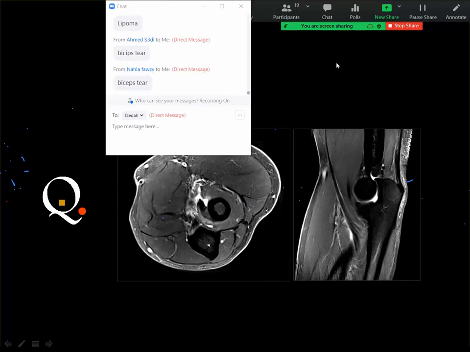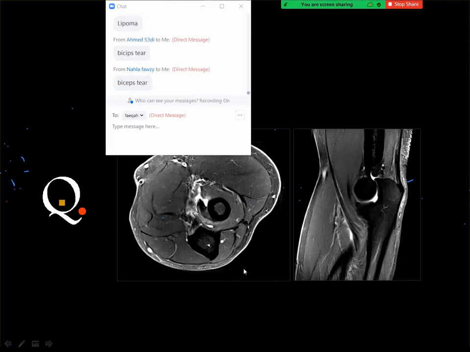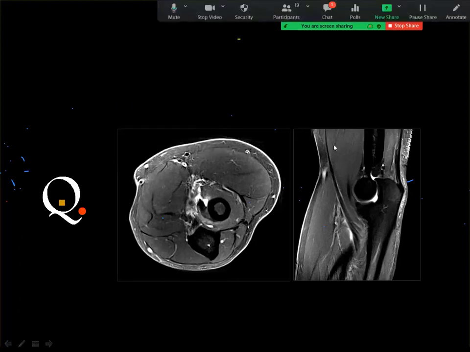Biceps tear, biceps tear. The biceps tendon reaches its insertion. It looks intact, and this is the right answer, which is the biceps tendinosis. Yes, the biceps tendon is intact, and you remember that if the biceps tendon is torn, it will be retracted up in the arm with a wavy outline and so on.